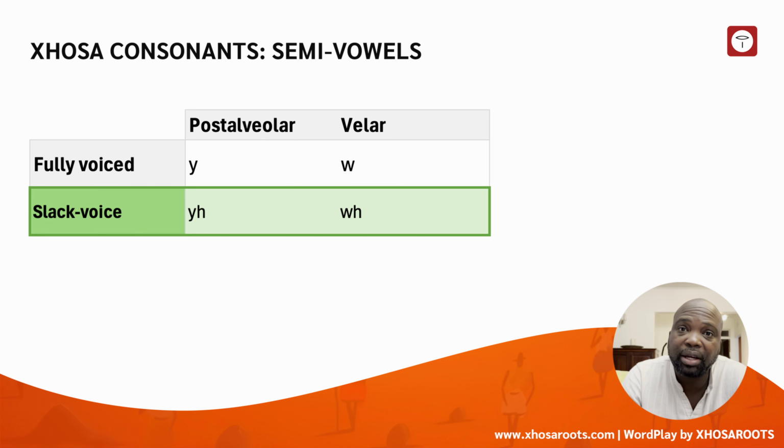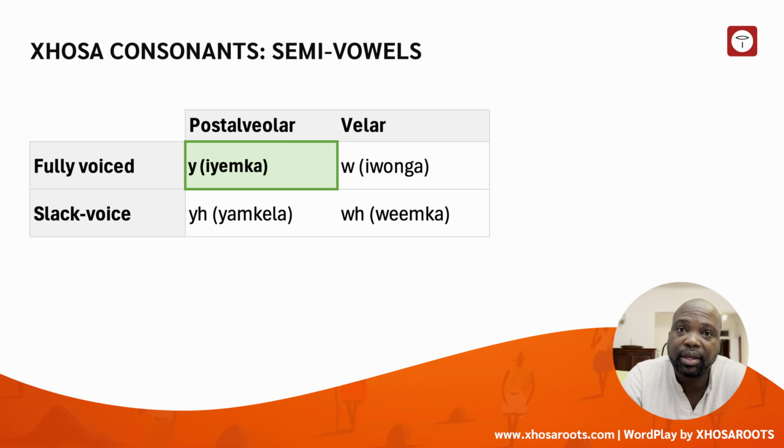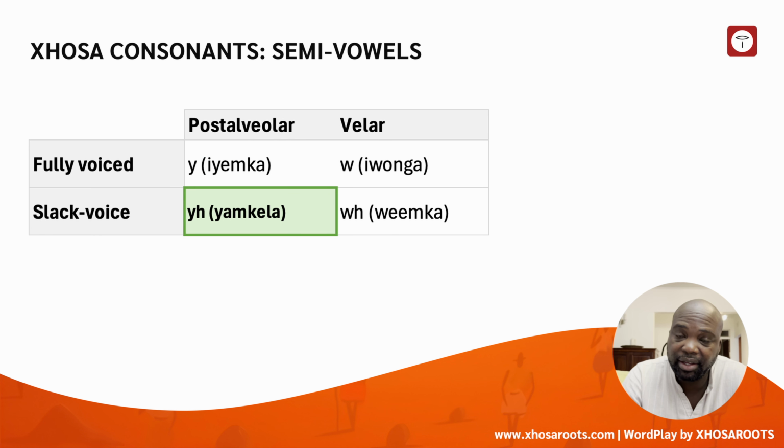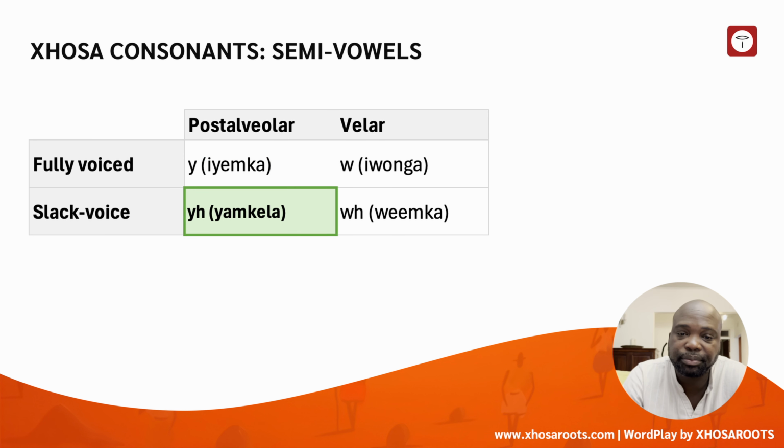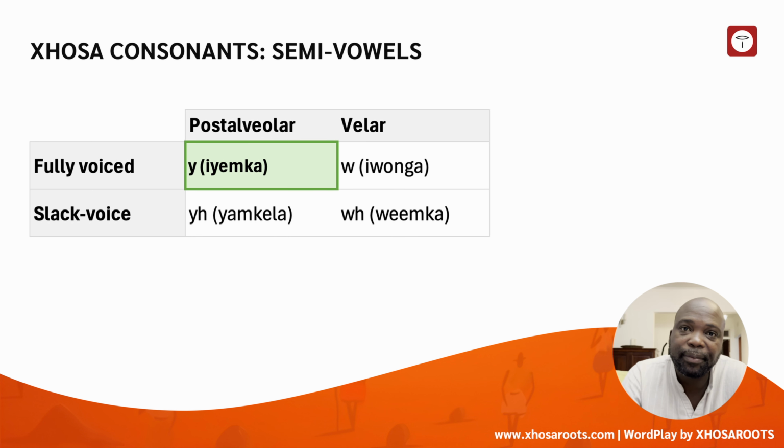So for the postalveolar, we have the fully voiced version, and the variation that is slack voice. So we have fully voiced and slack voice. An example being iemka. It's leaving, it's going, it's departing.